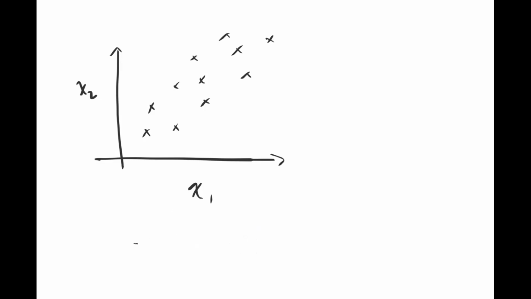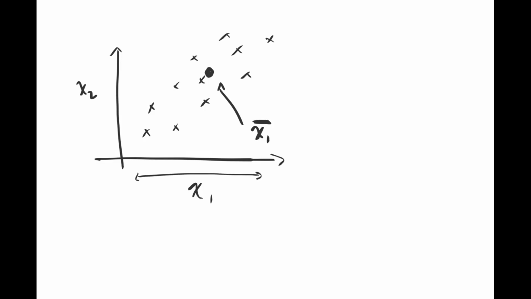What it looks like is I'm going to figure out what the mean value of my x1 is. So let's say the mean value is right here. So this represents x1 mean. Now what I'm going to do to find the principal component is draw a line through it that stretches across all of the data.